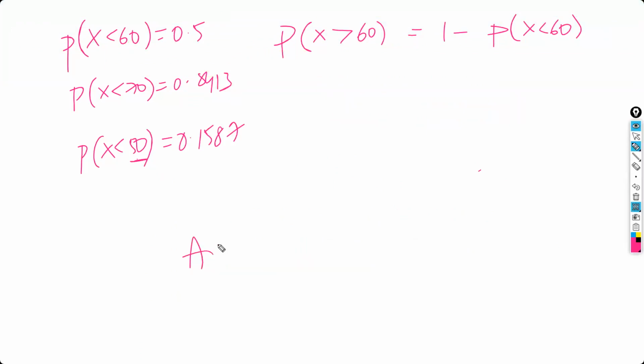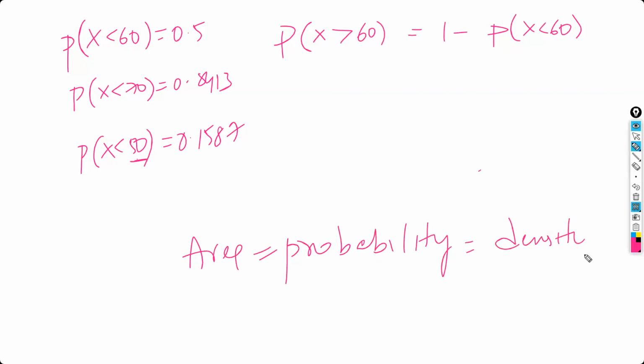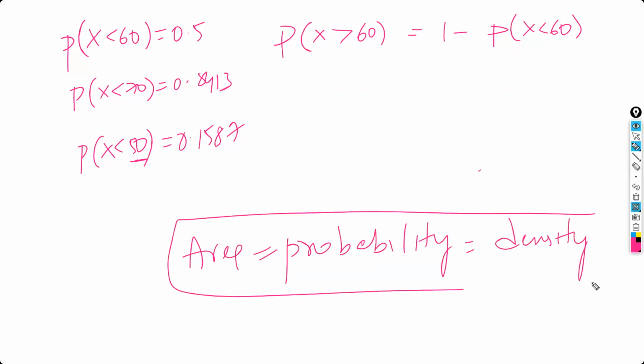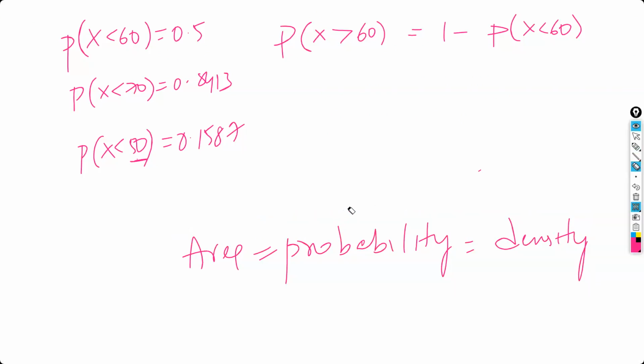Sir, area, probability, density: these words are the same. Don't get confused between these words. If they ask any question, like what percentage of people are lying between less than 70, percentage, anything, all these meanings are the same.